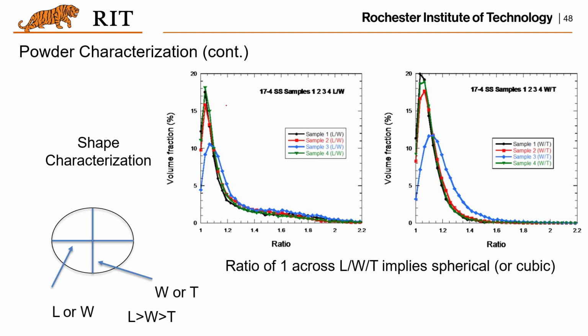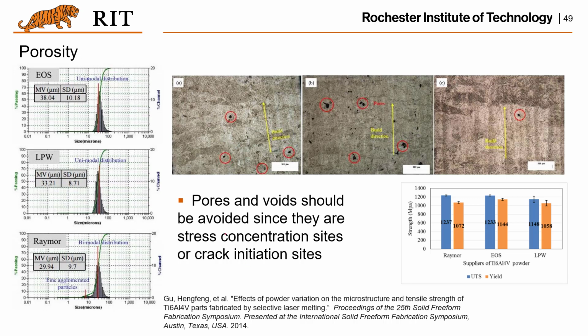Also, how to characterize the powders. Basically, you need to find out the ratio of the powder particles' width and height, so that it could be characterized by looking at these parameters. Also, the porosities. During the printing process, definitely you do not want to have voids in your building part, because the pores and the voids will be the stress concentration sites or the crack initiation sites.